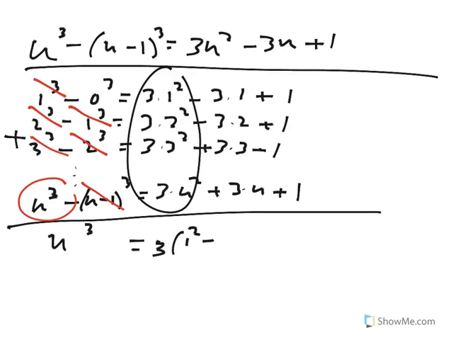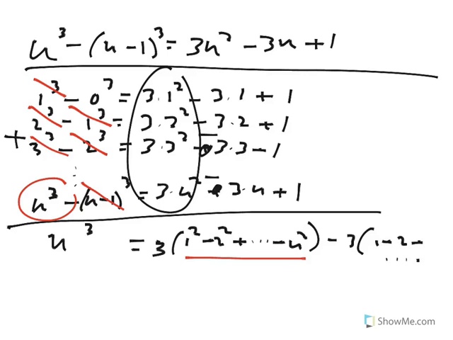So it's 3 times 1 squared plus 2 squared and so on. This is convenient because this is the thing I'm trying to solve for. I also get minus 3 times 1 plus 2 up to n. And all these 1s, there's n of them, so it's plus n.